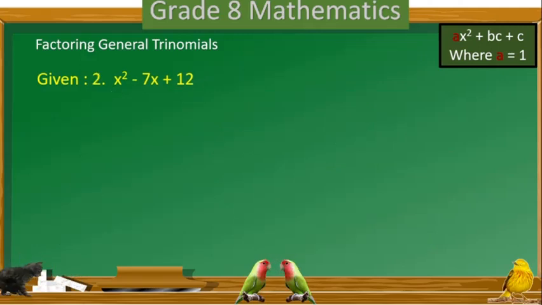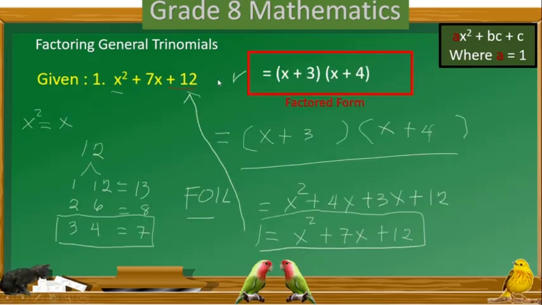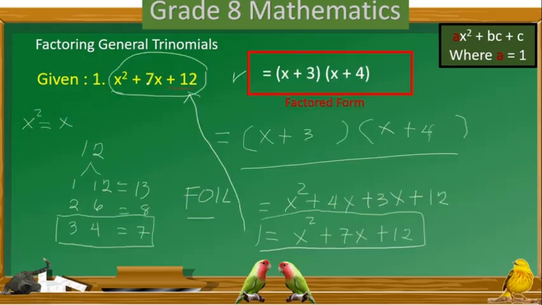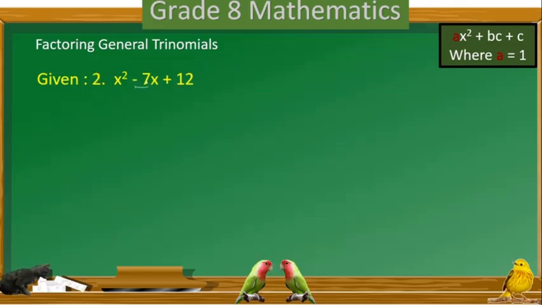Next, the second given is x squared minus 7x plus 12. As you can see, all the terms are the same as in the first example. The difference is only the sign: this one is negative 7x, and the other one is positive 7x. So what will happen to the answer when the second term is negative?